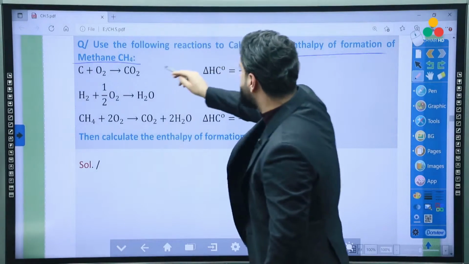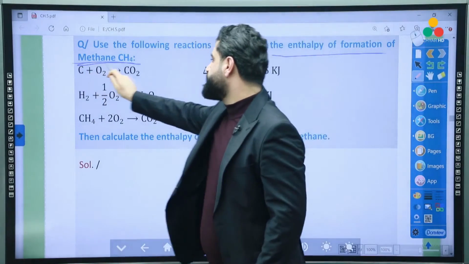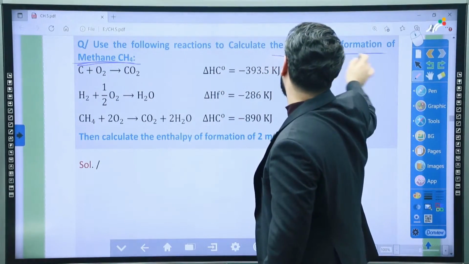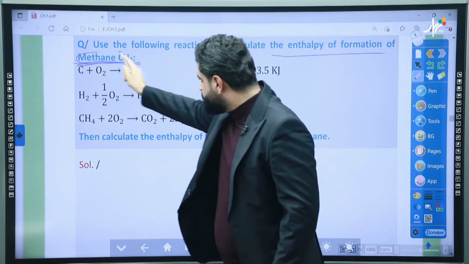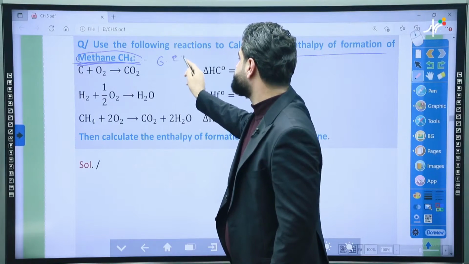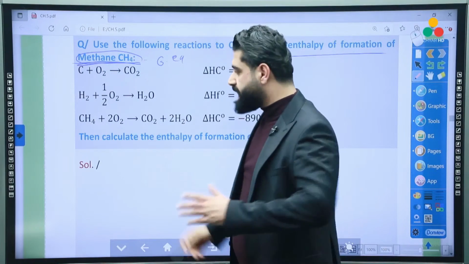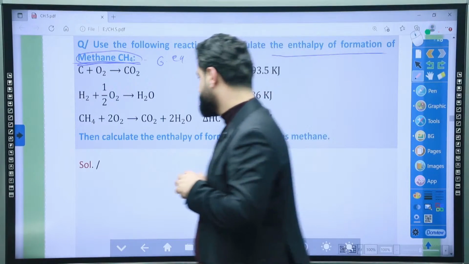Look, enthalpy of formation of methane, the enthalpy of the reaction of formation. So that means it's the general equation. First step, you have to prepare the general equation based on the unknown.